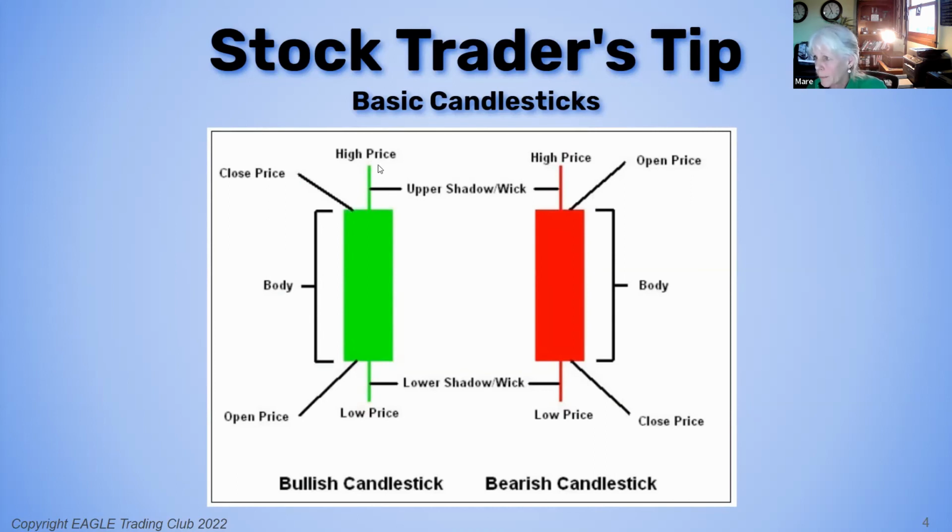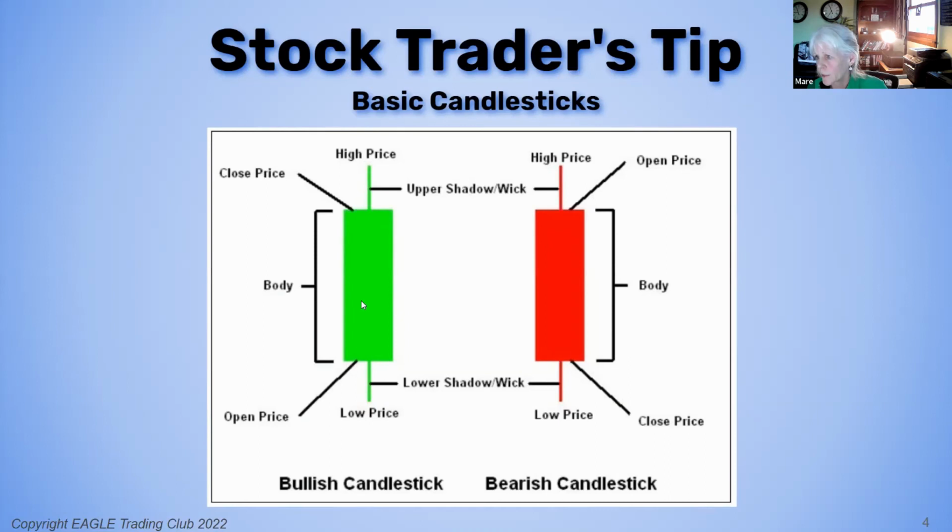But all it is is identifying the high for the day and the low for the day. Down here is the low price, up here is the high price, this is the close price, and this is the open price.